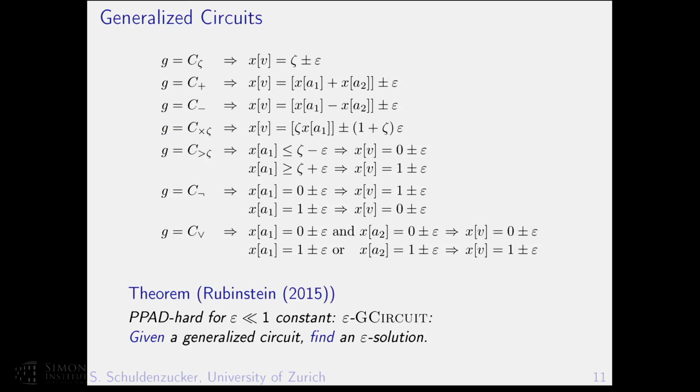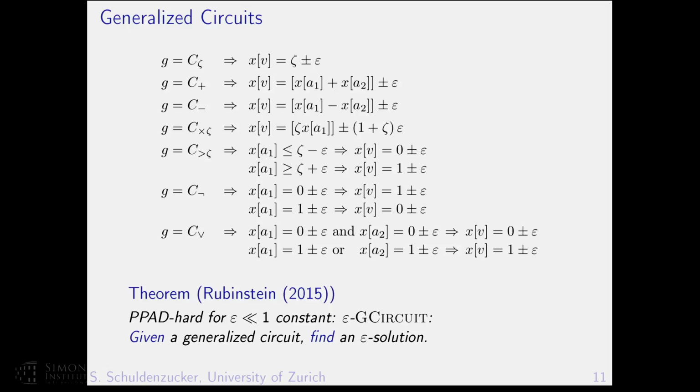Now, we do this by reduction from the generalized circuits problem. For those of you who don't know them, a generalized circuit consists of approximate gates. So we have arithmetic gates, we have an approximate comparison gate, and we have approximate Boolean gates. And they are connected in an arbitrary way, so they may also have cycles.